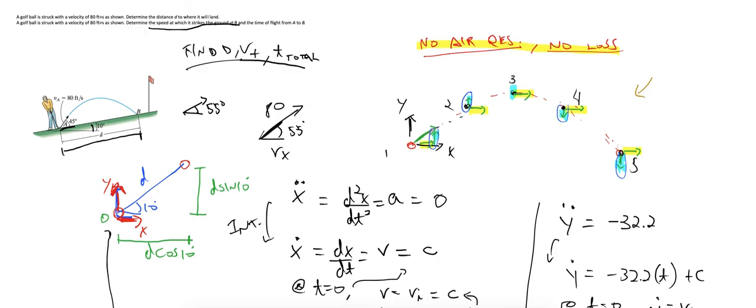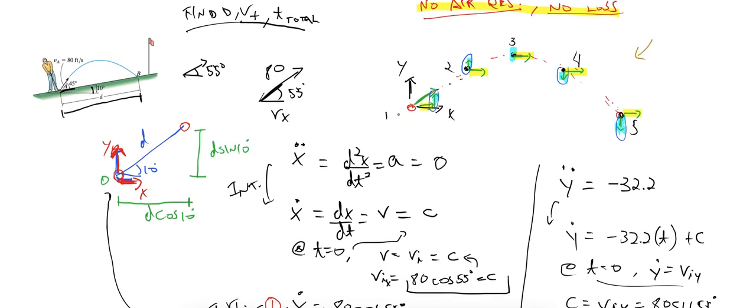And with modeling that way, we have to realize that at every single point in this trajectory, x and y are going to match in terms of our equations with the same time. So things are happening at the same time as the ball travels. If you're able to relate things with time, you're going to be able to get the right answers. So that's what I did.